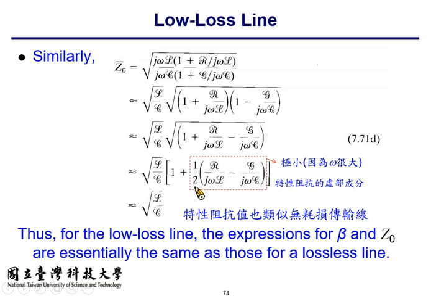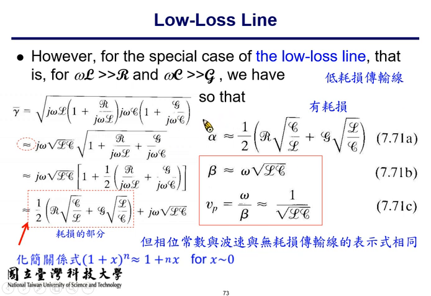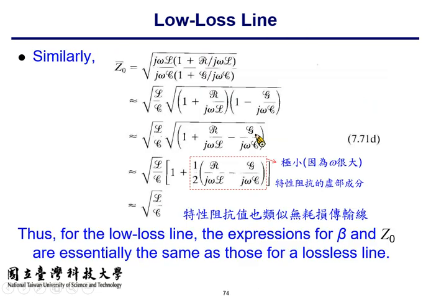So for the low loss line, the expressions for beta and Z sub 0 are essentially the same as for a lossless line. So for low loss lines, the only thing that you need to consider is alpha. This is not negligible. All the other things are about the same as the lossless transmission line. All right?